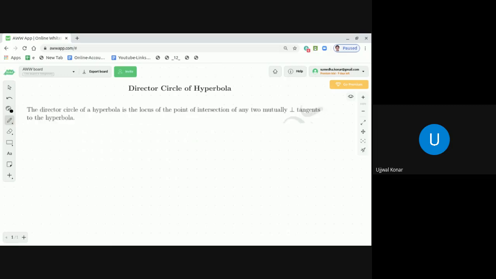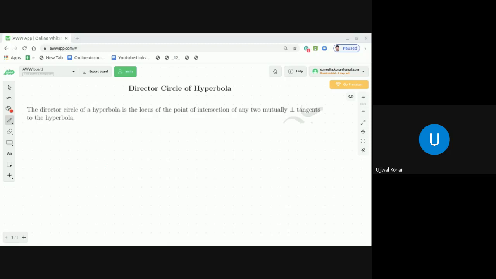As you see, the definition I wrote here is that the director circle of a hyperbola is the locus of the point of intersection of any two mutually perpendicular tangents to the hyperbola.